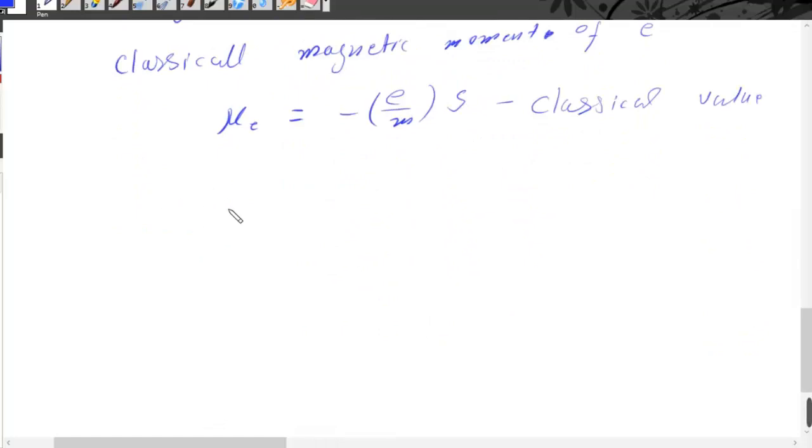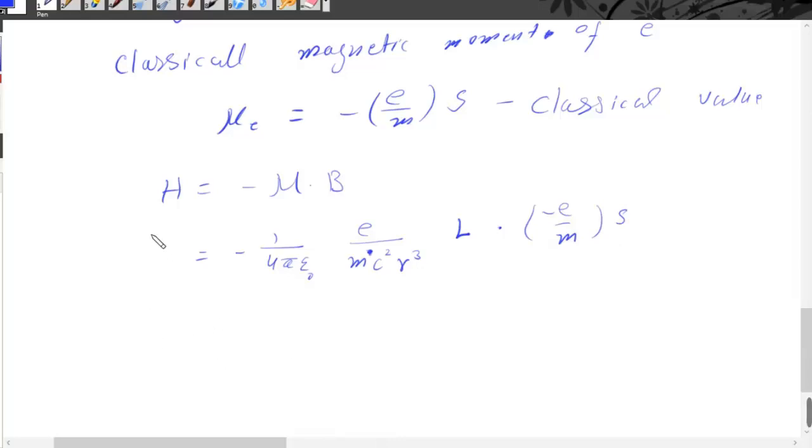Now we know the Hamiltonian is equal to minus μ dot B. Then we put the value of μ in, and the value of B is equal to 1 over 4π ε₀ times e divided by m c² r³ times L, and the value of μ is minus e divided by m times S. We put the value of μ in and simplify these equations.